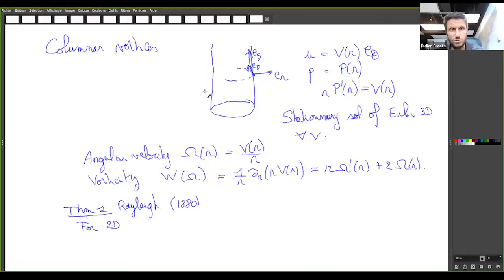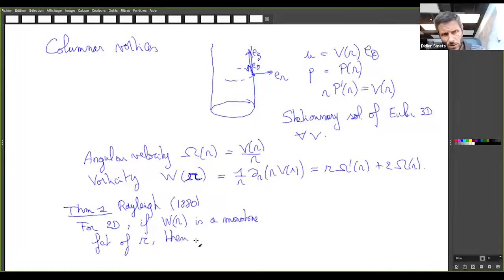I'm assuming a pure 2D situation. For 2D, if the vorticity, sorry, it's capital W here, it's not capital omega, if the vorticity is a monotone function of r, then no unstable mode.